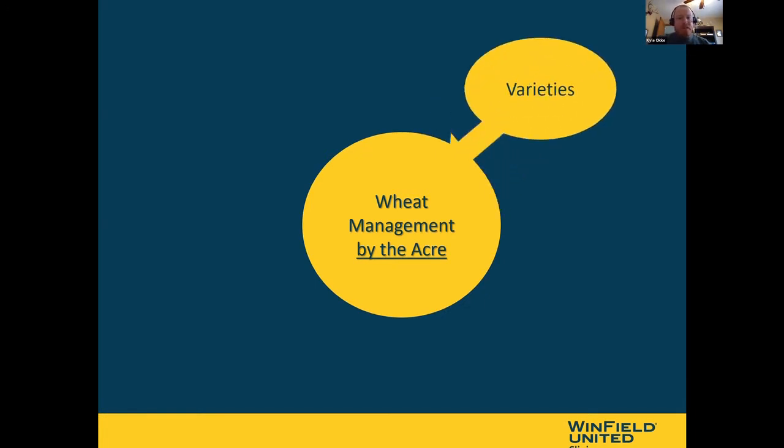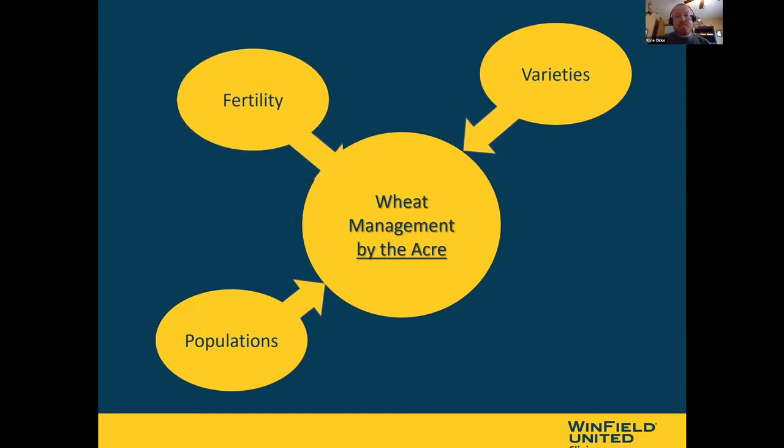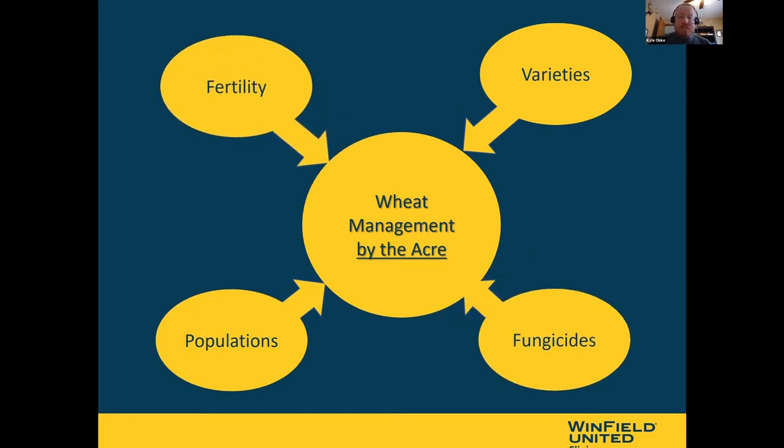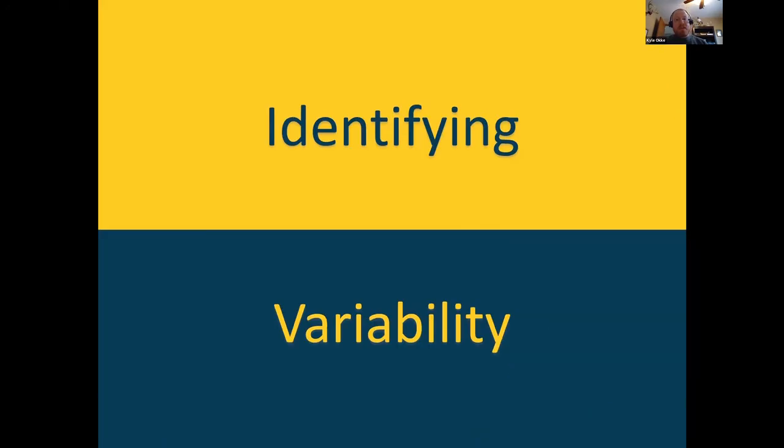But where I really want to focus is that we have varieties, population, fertility, and fungicides, and how those all can play into a precision management strategy, because they all have their own way that we can manage them by the acre. And this all really starts by identifying variability.